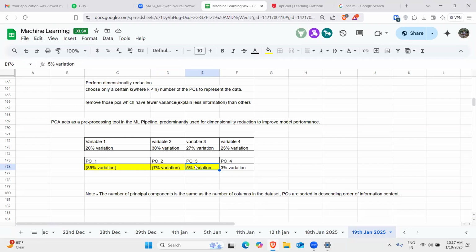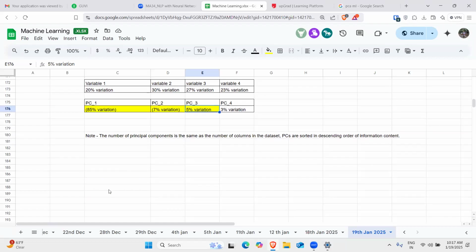Before we end this session, we have done a good amount of practice on change of basis and eigenvalues, so let's not discuss that. So what is PCA's role in the ML pipeline?